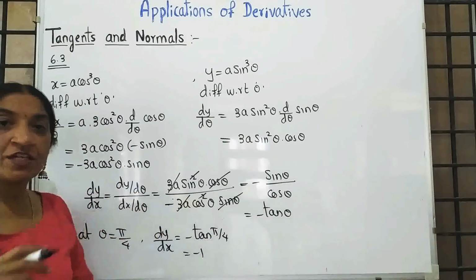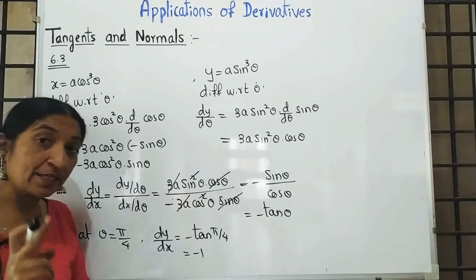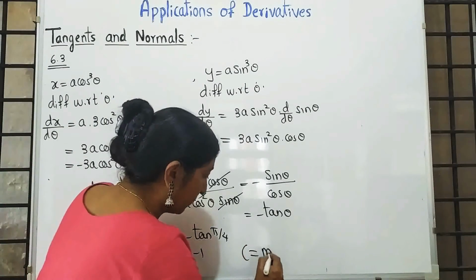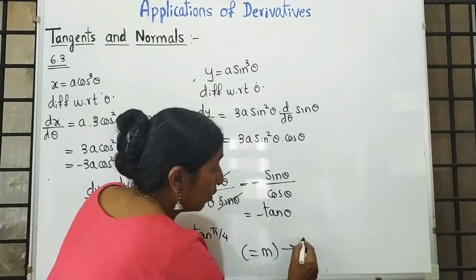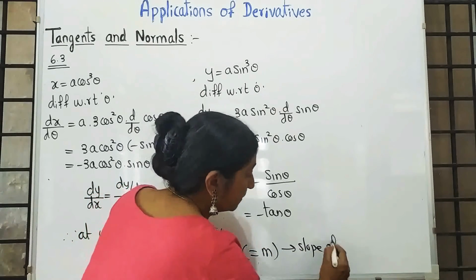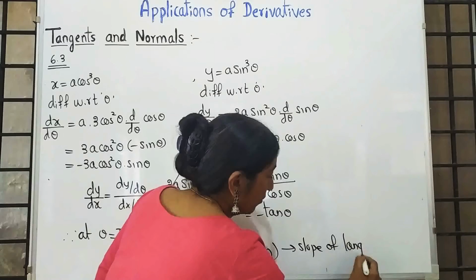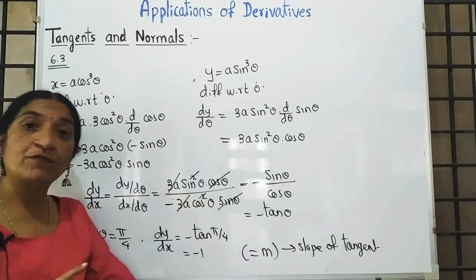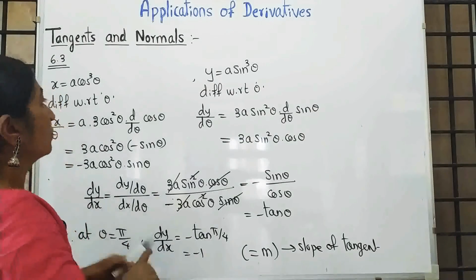If you differentiate and substitute the value, you will get the slope of the tangent. We are calling it as m. This is the slope of the tangent, remember. But our question is slope of the normal, so please note down this.